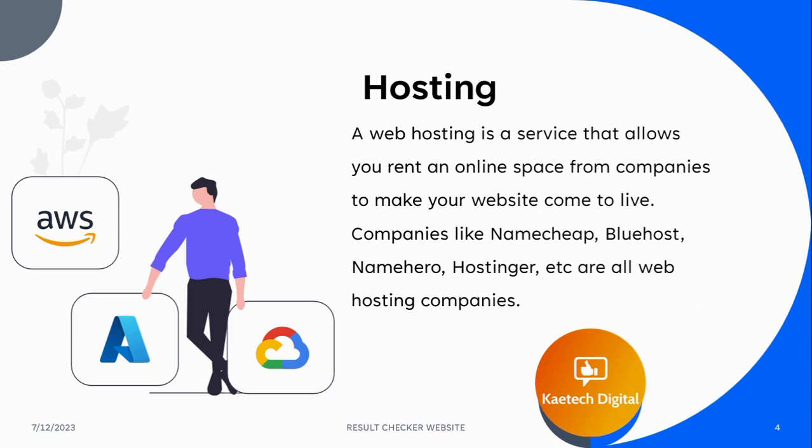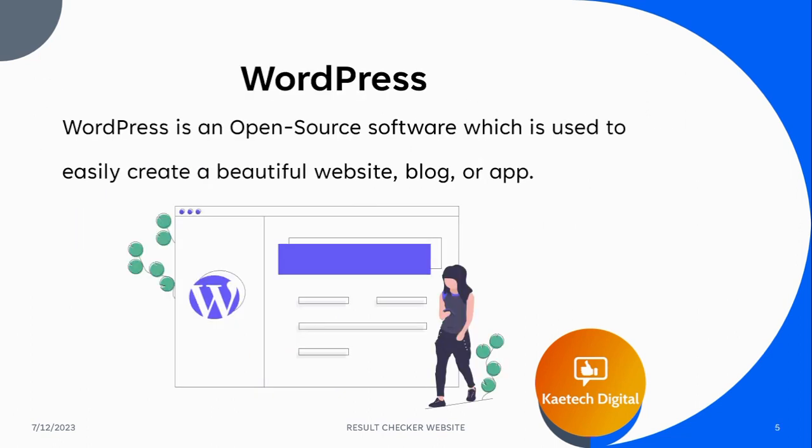Now, aside from domain name and hosting, we also need what we call WordPress. WordPress is open source software which is used to easily create a beautiful website, blog, or an app. So you can create a web app using WordPress. You can also create a beautiful website, any static website, using WordPress. You can create a blog using WordPress.